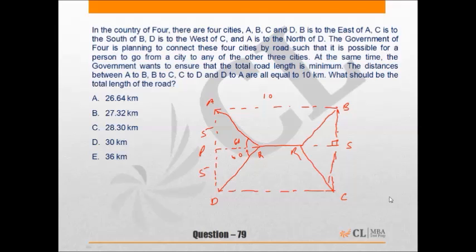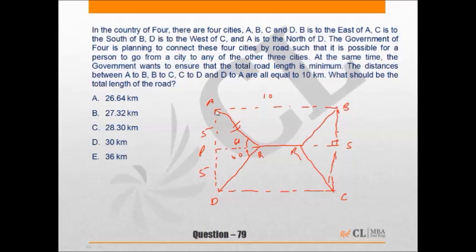and the length of routes will be minimum only when the routes are constructed in such a manner as shown in the diagram. PS is parallel to AB, and it is the line which bisects AD and BC, and these are the routes AQ, QD, QR, RB and RC.